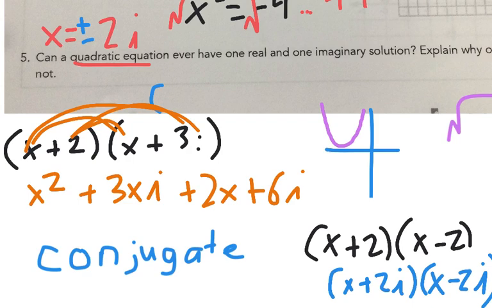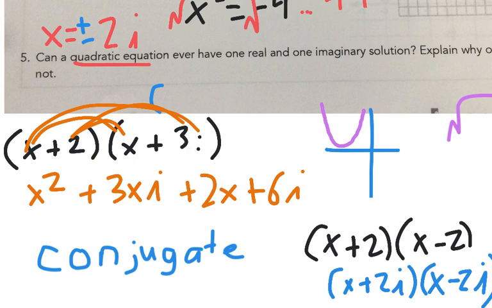And so what's great about distributing the difference of perfect squares? You get x times x, which is x squared. The middles cancel. Minus 2x plus 2x goes to 0. Minus 4. That happens with conjugates too. The middle two terms cancel. So x times x is x squared. 2i times negative 2i is negative 4i squared.